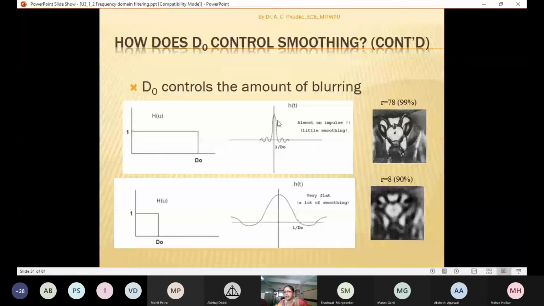If you visualize this as an image, it gives you alternate dark and bright circles. So when we use an ideal low pass filter, it gives a ringing effect, that is, your desired object is surrounded by dark and light circles, because of these oscillations.